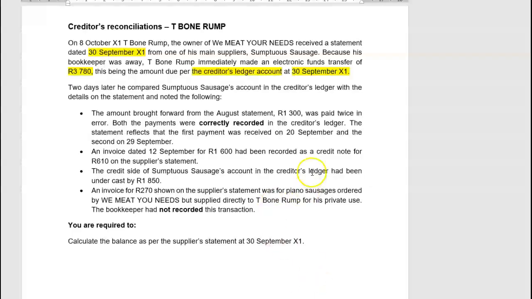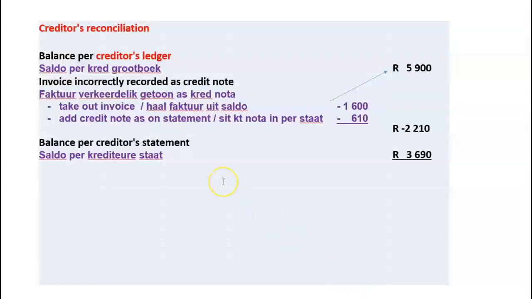Remember, it was a credit note that he passed. So a credit note reduces the balance. So if he reduces the balance with 610 Rand, we also have to reduce our balance with 610 Rand so that both of us have done exactly the same thing.